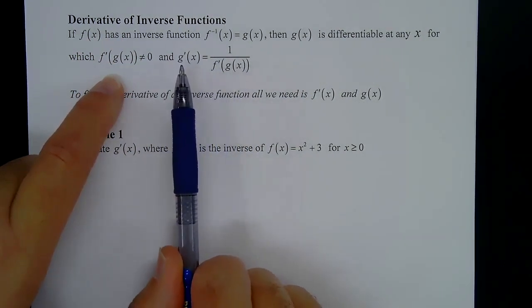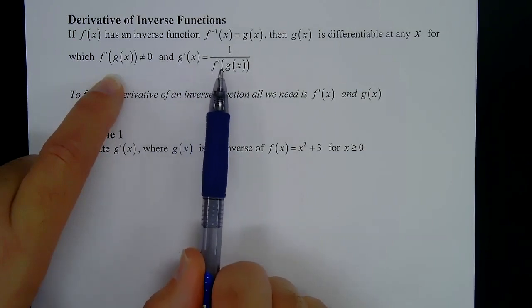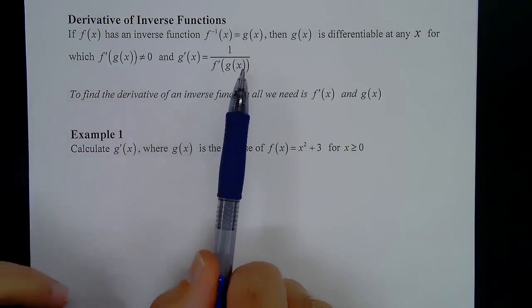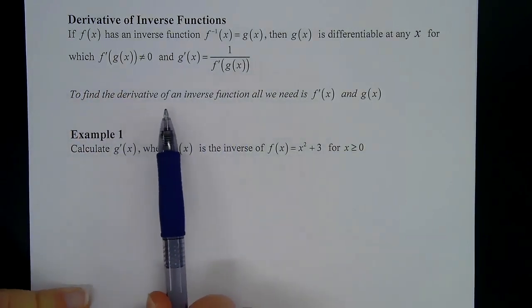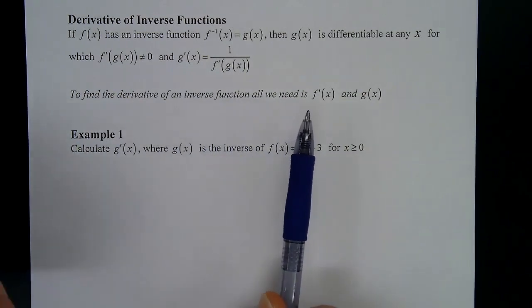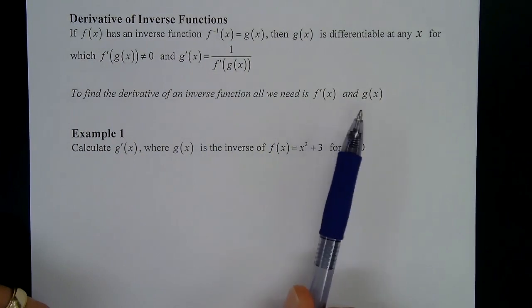So once again, if we're trying to find g prime, then this would be the inverse of g, which is f prime, and then we're trying to find g prime, so the inside function of that is g of x. I'm going to show you how this is all used in just a second. So really, to find the derivative of an inverse function, all we need is f prime and g of x. That's all we need.